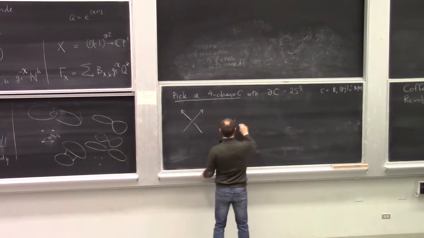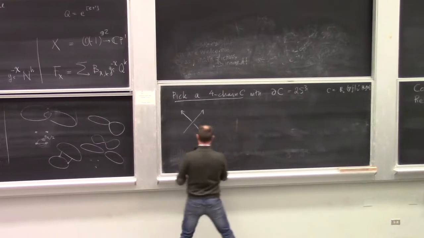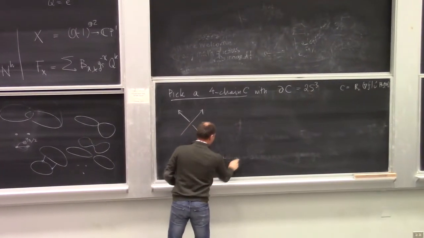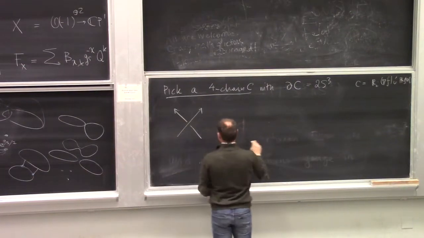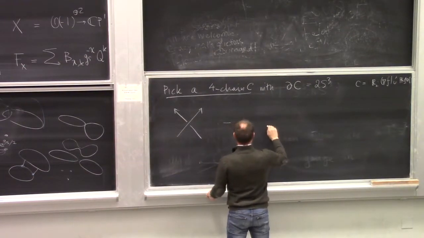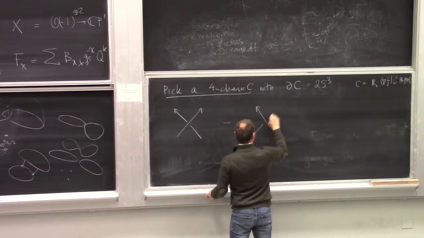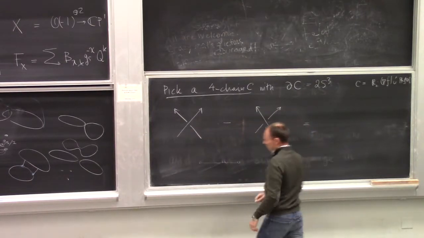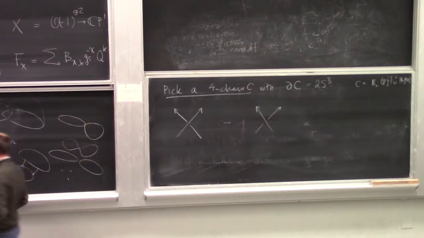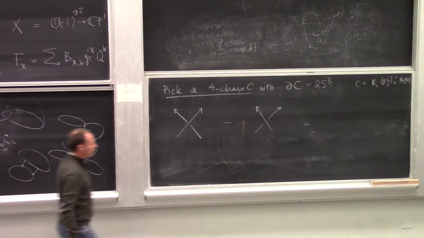So when I look at this one-parameter family, I have a coordinate starting here with the overcrossing, ending here with the undercrossing, so we should somehow expect to have some kind of relation like this. And then we should look at all the curves that appear in this glue. And we found one of them.